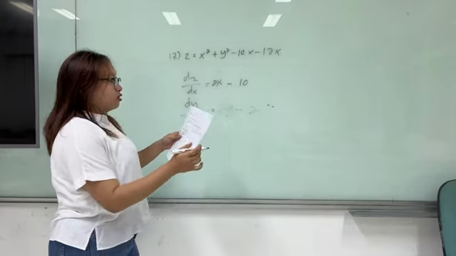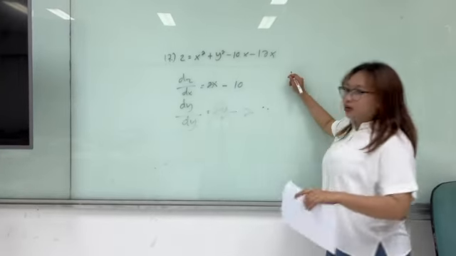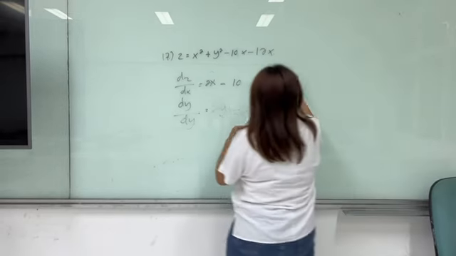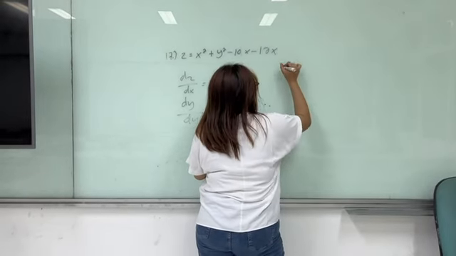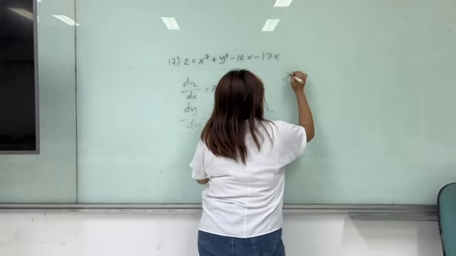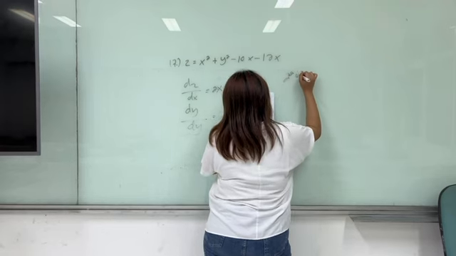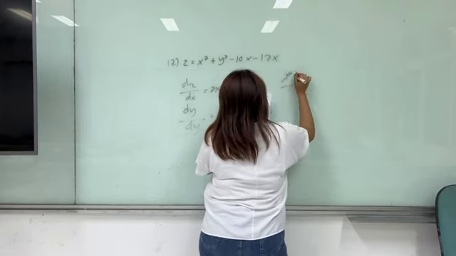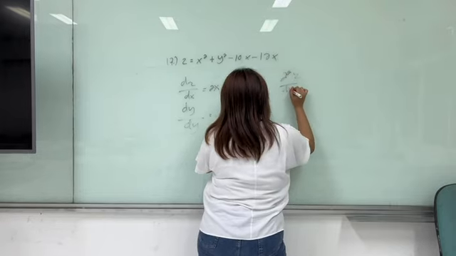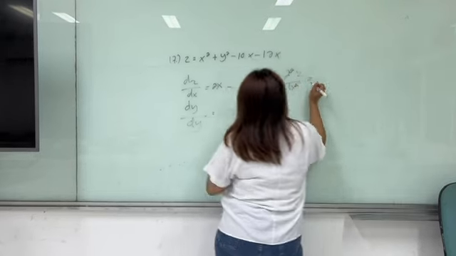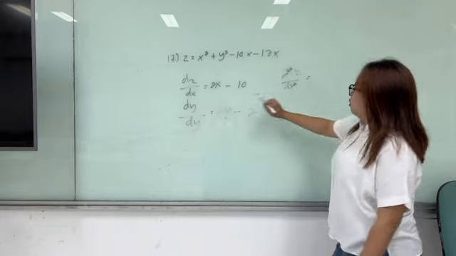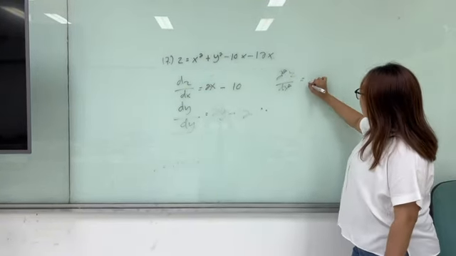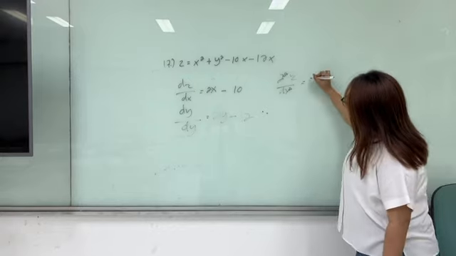So the second is we have to search the second derivatives. For d squared z over dx squared, we differentiate in here and the differentiation is 2.